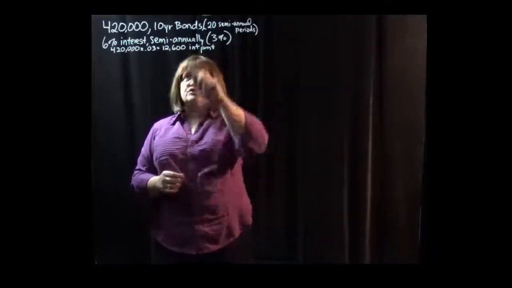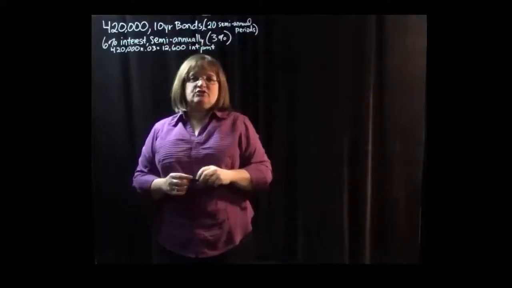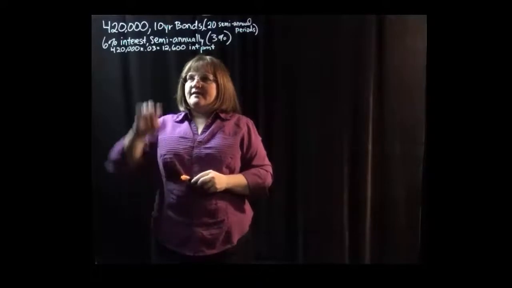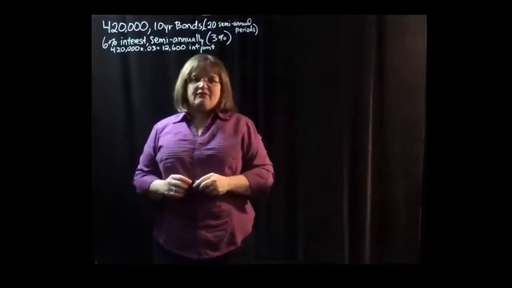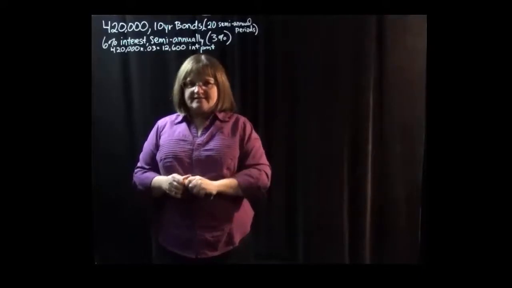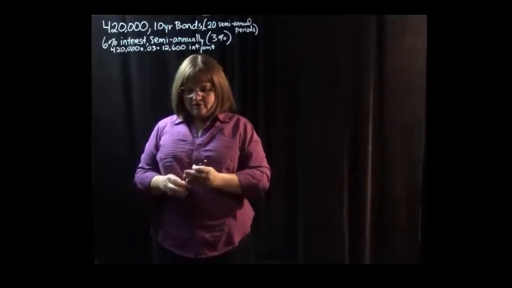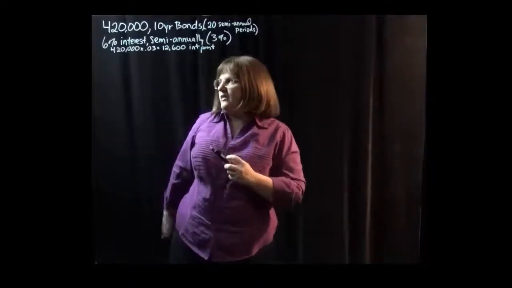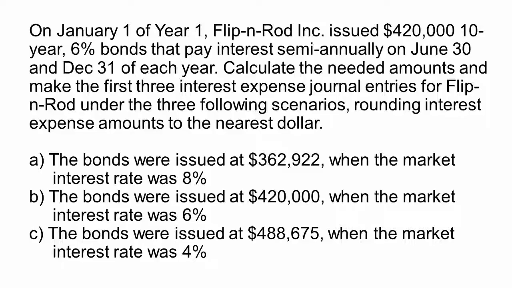We also determined that the 10 years equated to 20 semi-annual periods, and that the interest payment amounts that would be made every 6 months were $12,600. That led us then, in the three different scenarios, to calculate the bond prices with their discounts and or premiums.